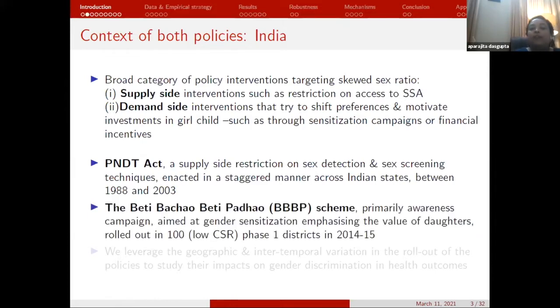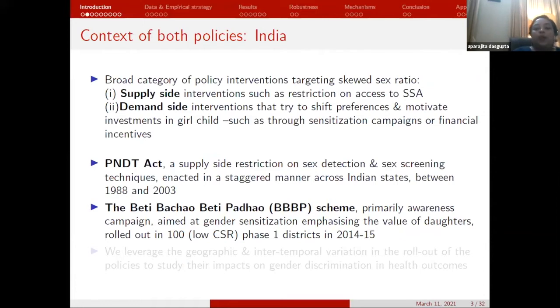Next, we compare and contrast with this new scheme, the Beti Bachao Beti Padhao scheme that you may all be aware of, which is primarily an awareness campaign, a mass media campaign aimed at gender sensitization that emphasizes the value of daughters. This was also rolled out in a phased manner, in 100 low child sex ratio critical districts in 2014-15.